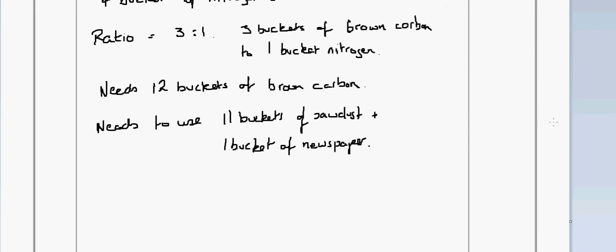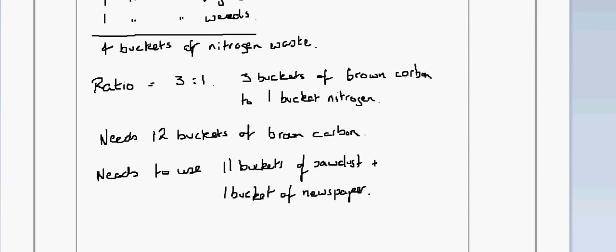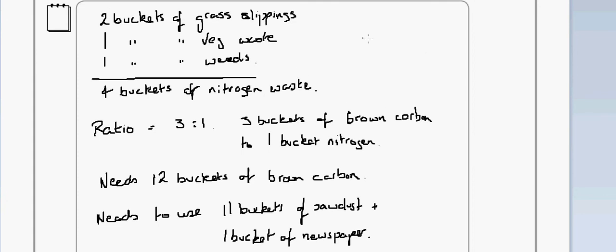Okay, so we know that she's got to use all of this. So this will be 4 buckets. The ratio is 3 to 1, so she's going to need 3 times as many buckets of the brown. So this would be 3 times 4, which is 12.